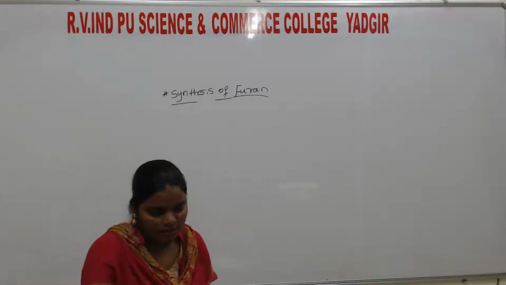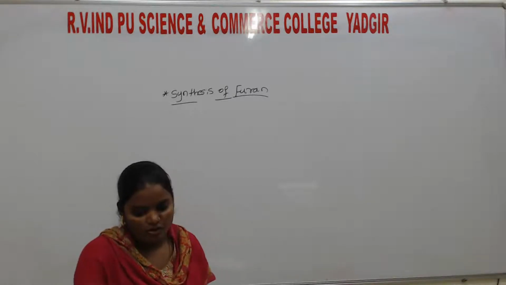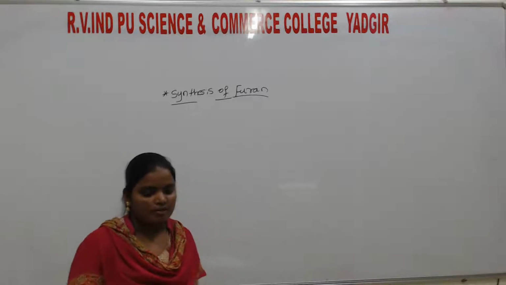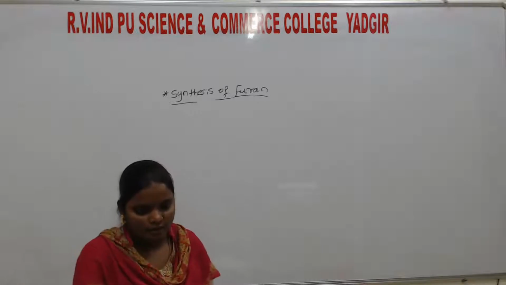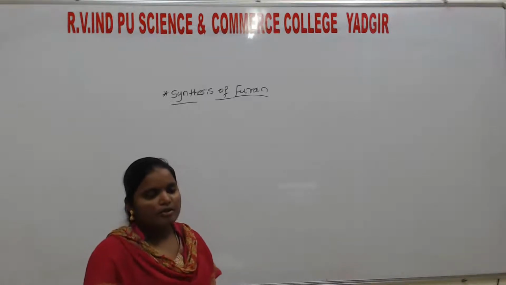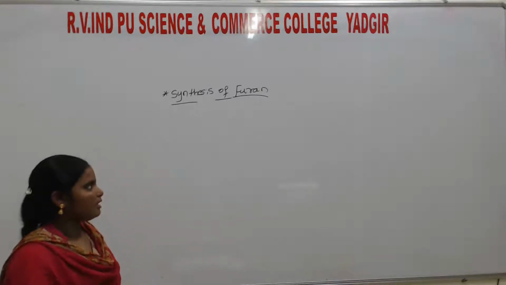This is the first step. In the second step, furfural on oxidation with potassium dichromate gives furoic acid. Furoic acid, when heated, undergoes decarboxylation to give furan. This is a two-step reaction.